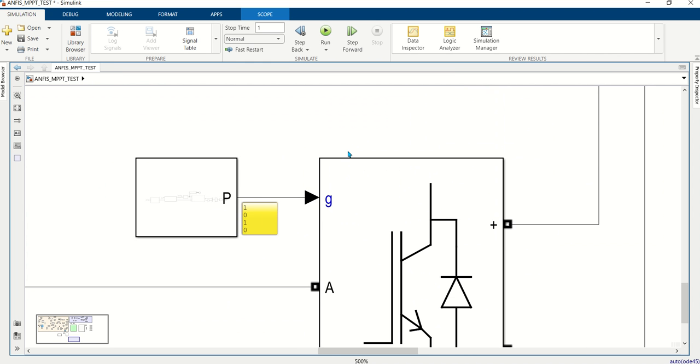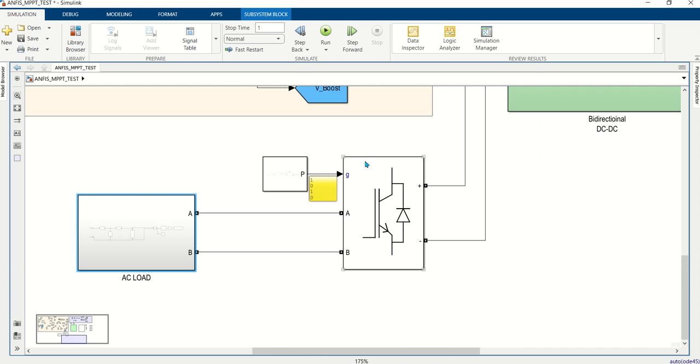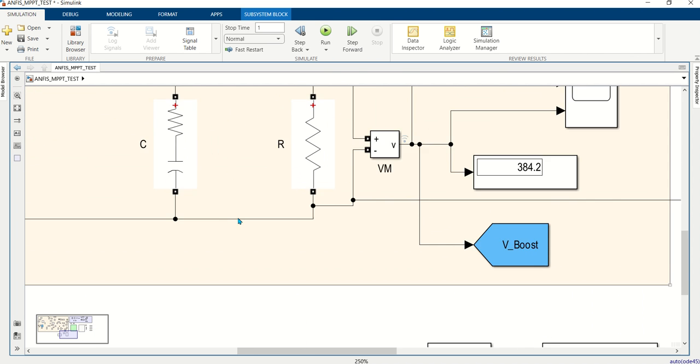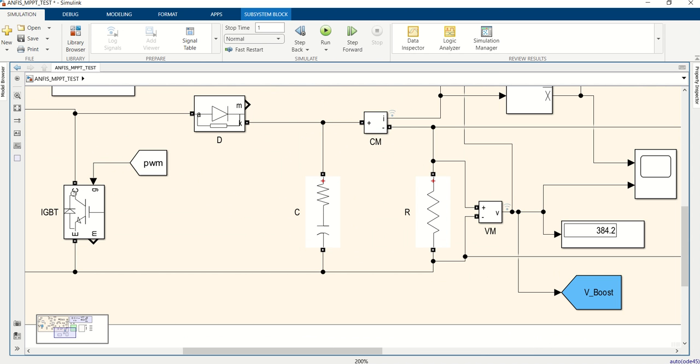Also, one thing I want to point out to you is that we have two types of universal bridge. One is diode based and one is IGBT based. When it's diode based, then no gate signal is required. When it's IGBT based, then you will have to generate a gate signal, similar to what we generate for the boost converter here.